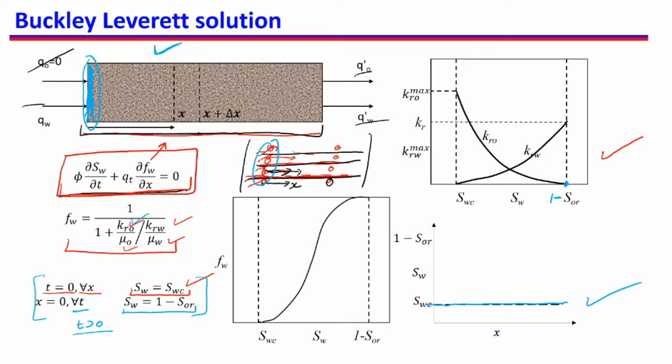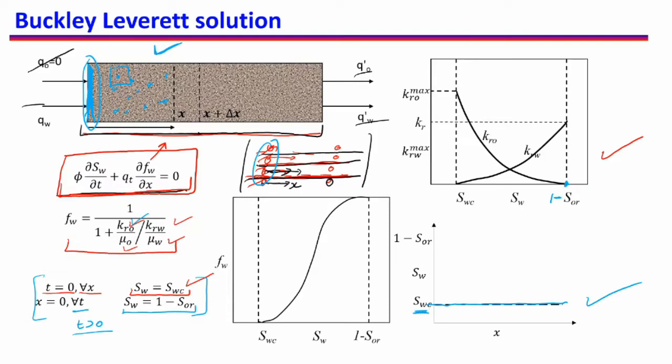That means in the whole volume of this core we have saturation of water, where water is sporadic, and if we take an REV, the saturation of water in any REV will come out to be SWC.